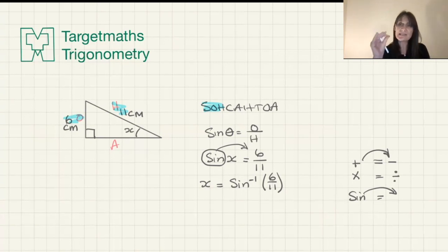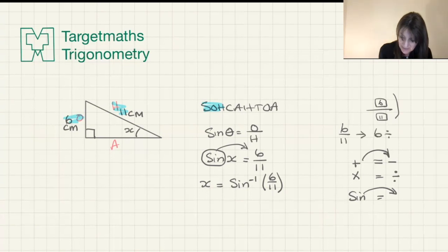So you're going to press the shift button and sine. That will bring sine -1 up onto your screen. It will open a bracket. You can then either put the fraction key and 6, 11 in, or just write 6 divided by 11. So what I mean by that is you've got a fraction key that you could hit, put the 6 in there, put the 11 in there, and close up the bracket. Or you could just accept that 6 over 11 actually means 6 divided by 11.